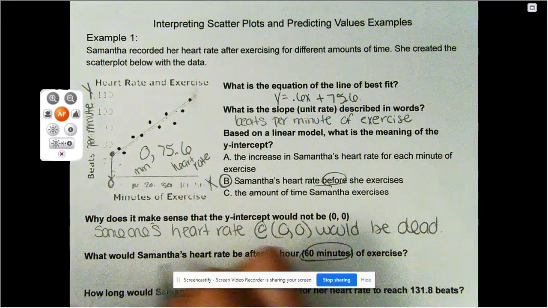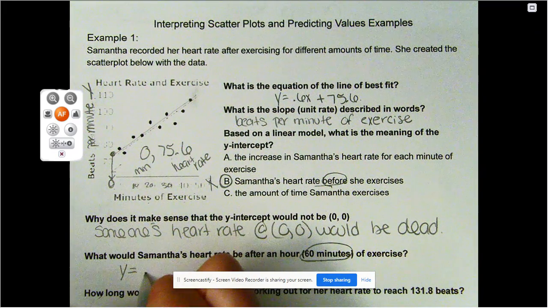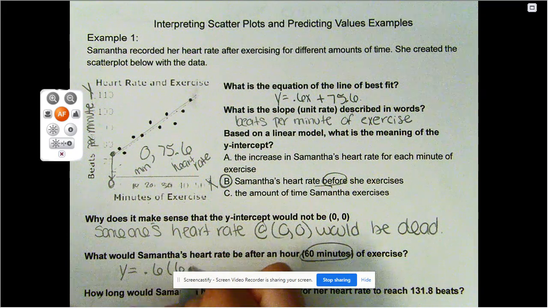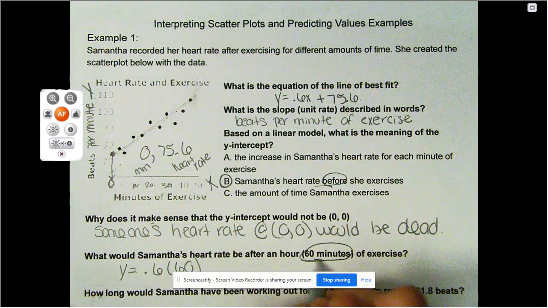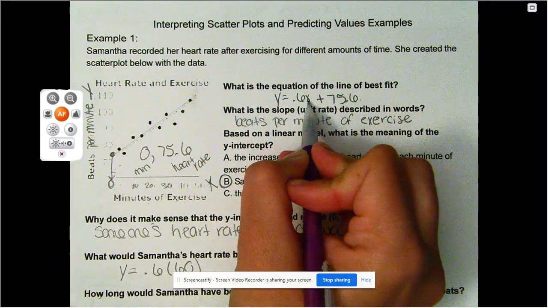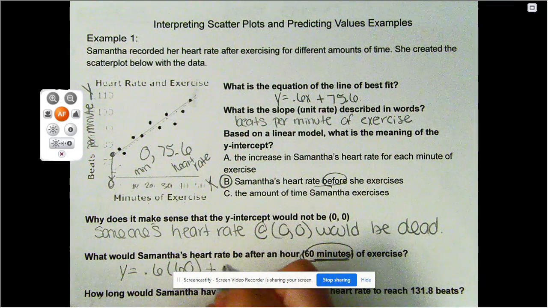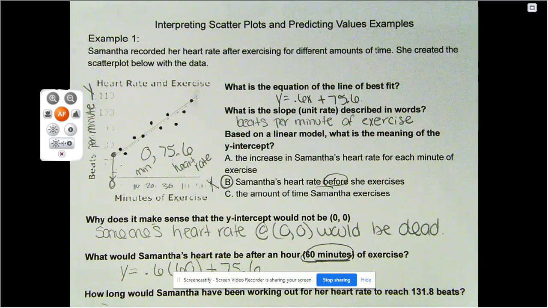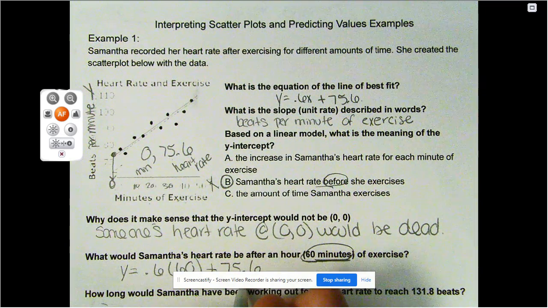So up here we have y equals 0.6 times 60. I knew it because 60 minutes was given, and minutes is on my x-axis, so it goes in for x in my equation, plus 75.6. When I did 0.6 times 60, I got 36, but I need to add 75.6 to that.